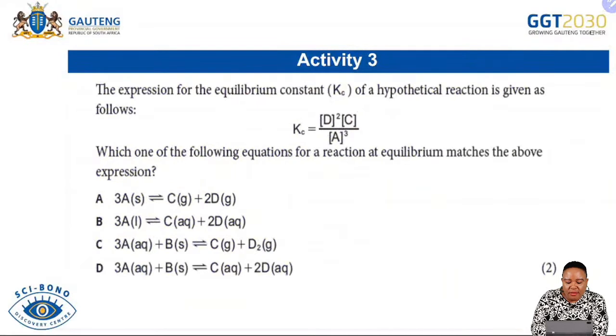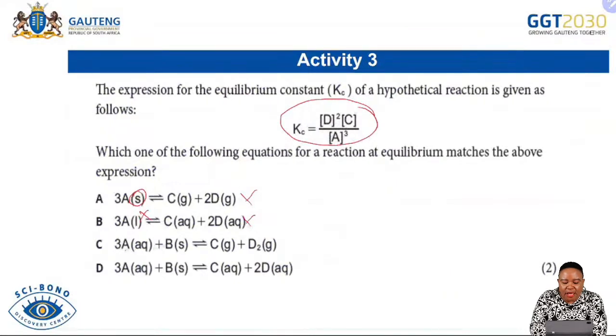Then in this one, it was about just a Kc expression, being given a Kc expression. So identify which reaction represents our Kc. It cannot be A, because remember, our A is our solid, so it cannot be A. And then also B, A is our liquid, it cannot be B. Let's look at this one.